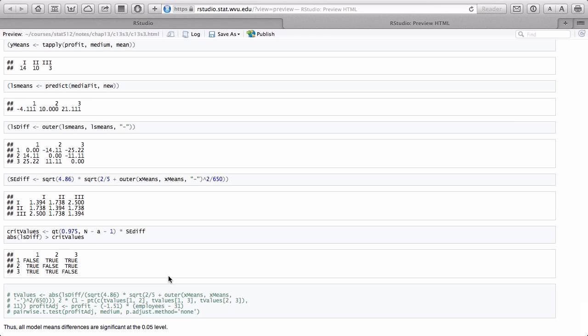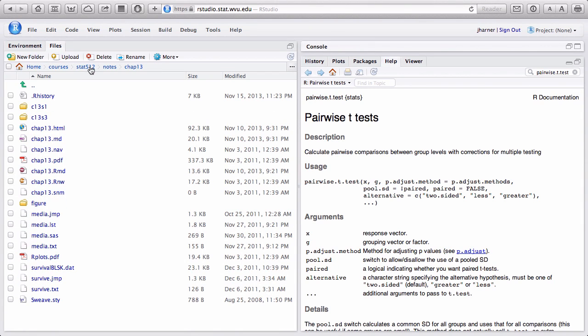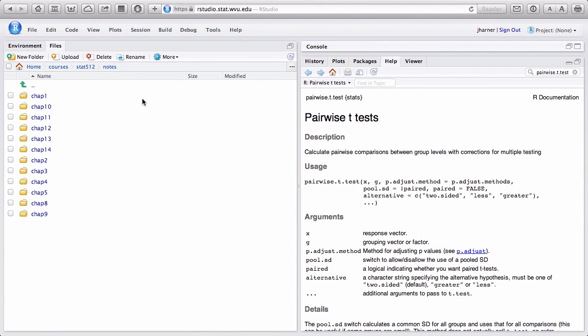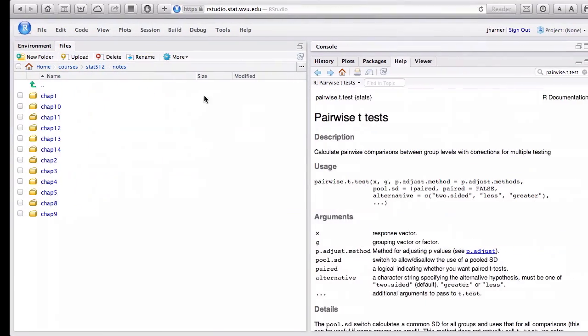Okay, well, that's how you do it in JMP, and how you do it in R. So what I'd like to do now is go into chapter 14 a little bit. How much time do we have? Yeah, so we have a bit of time.